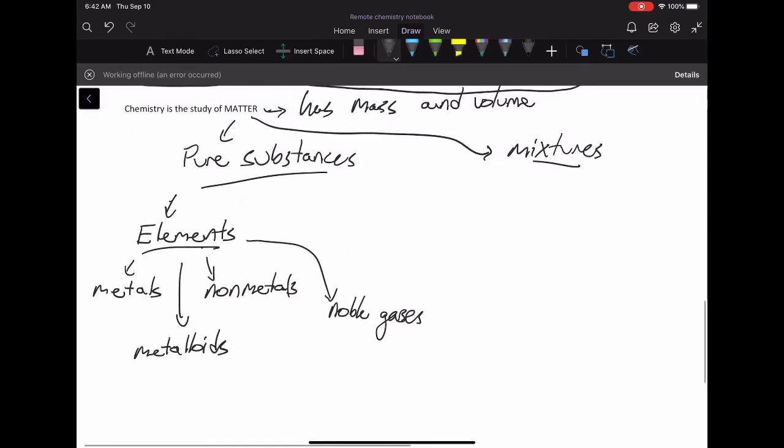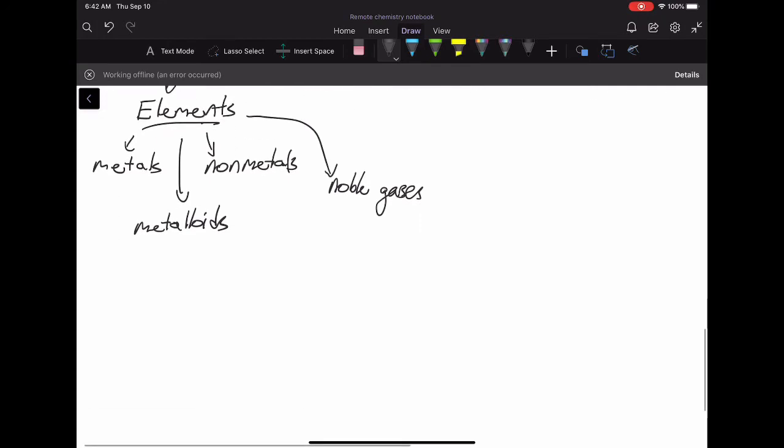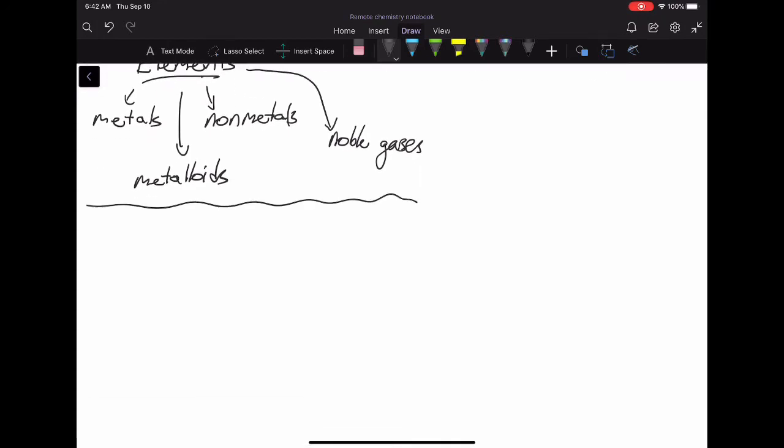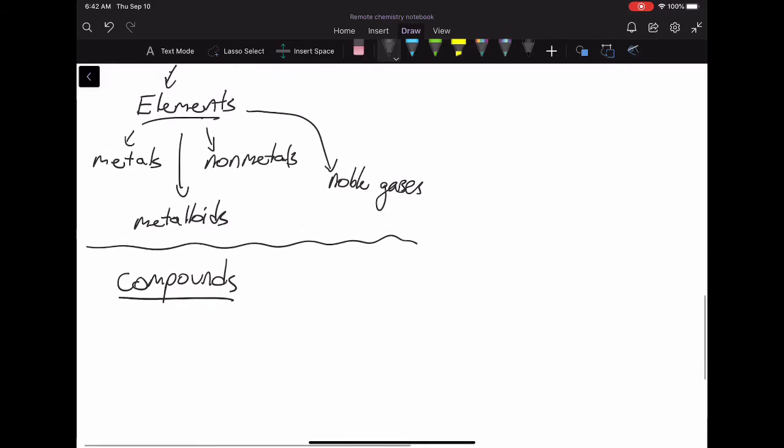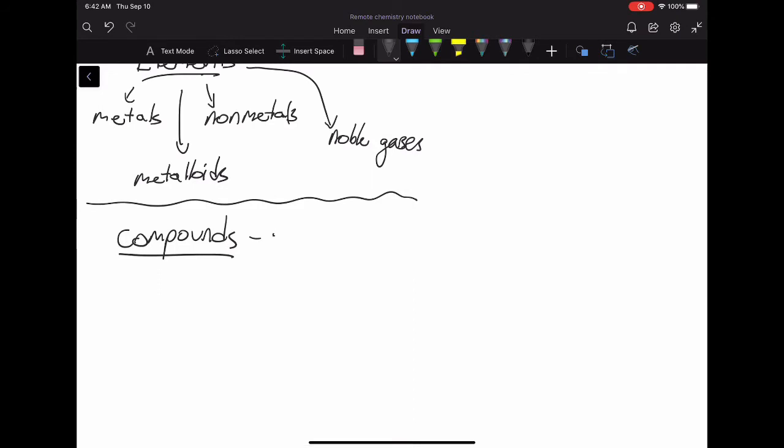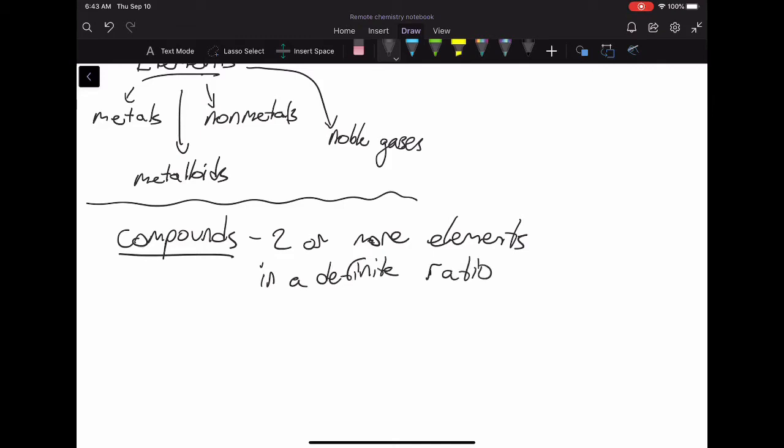Now the other category of pure substances, we also have compounds. So compounds are essentially when you have, I'll define it here, two or more elements, and these are always found in a definite ratio.